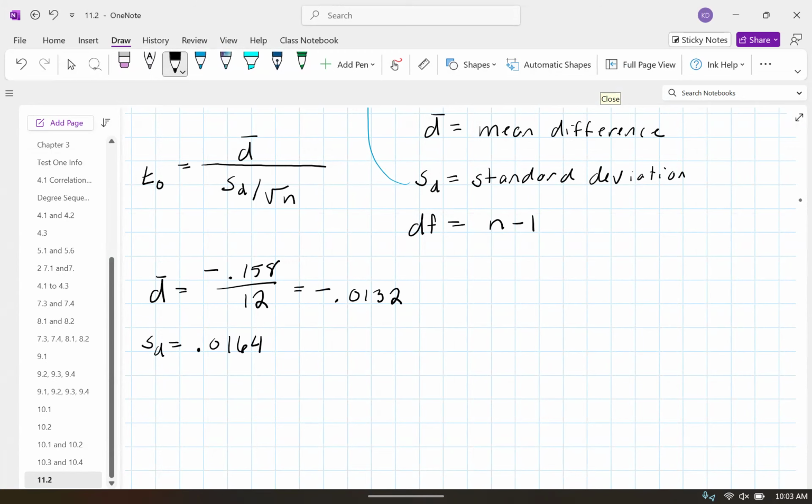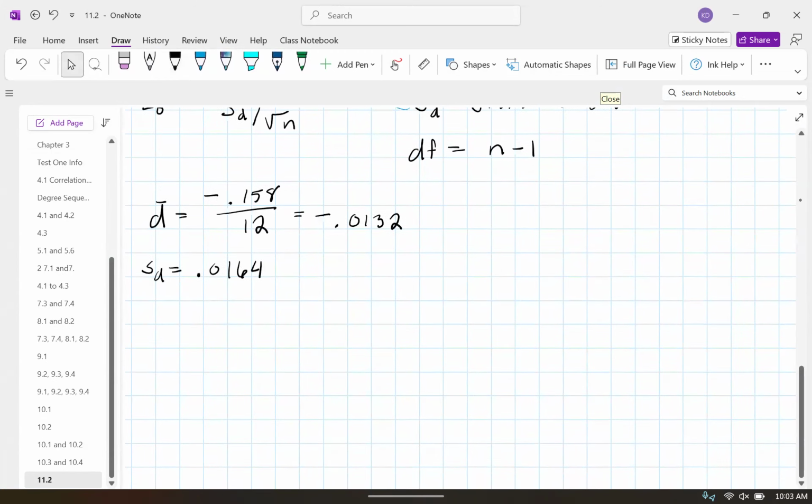So the t value is negative 0.0132 divided by my standard deviation, 0.0164, over the square root of the number of people in my population.